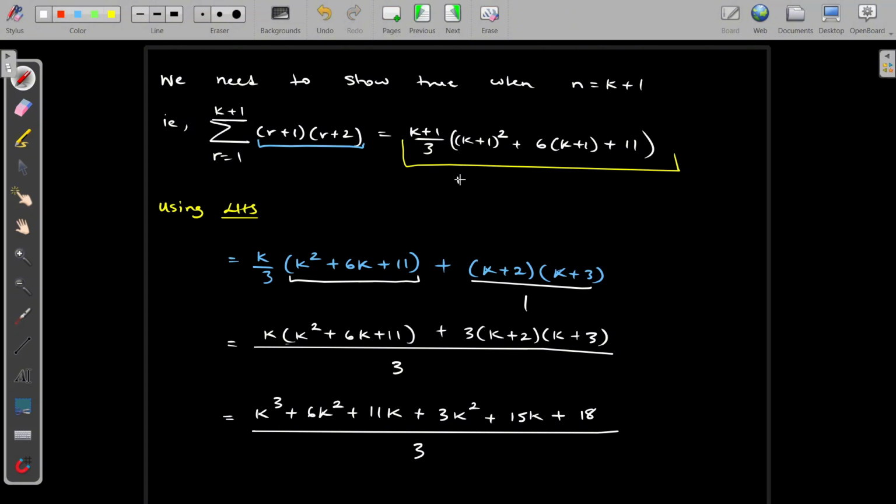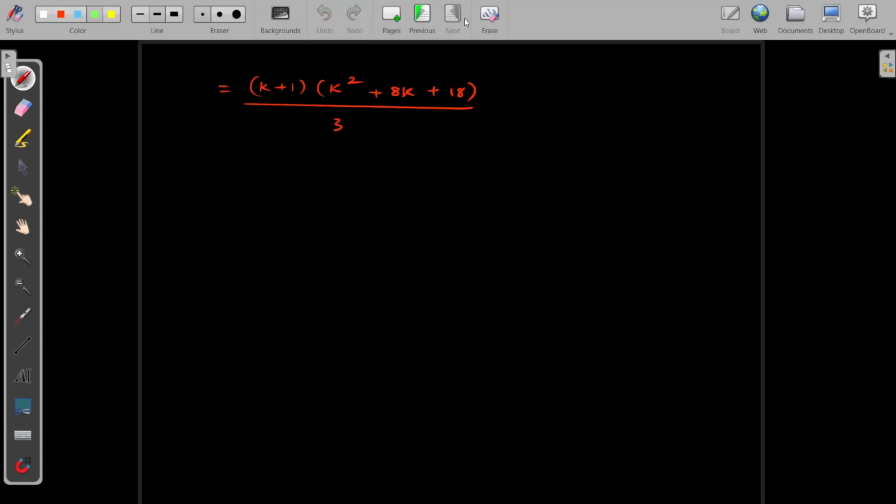So this is k squared plus 2k plus 1 plus 6k plus 6 plus 11. So this would give us k squared plus 8k plus 18. And that's the same thing. We have our k plus 1 over 3. So we got the same thing here as what we have around here. So that would mean left hand side is equal to right hand side.